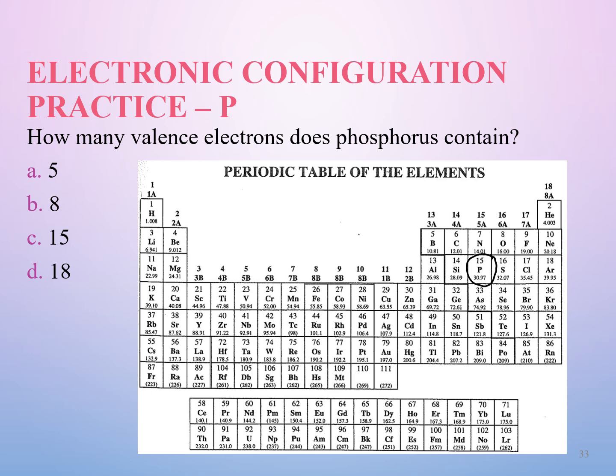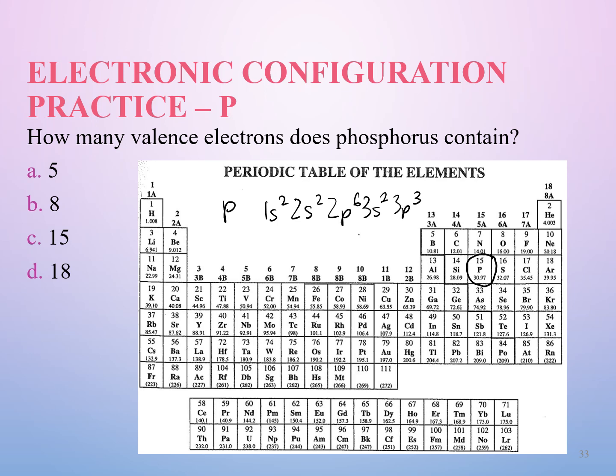So we can count: 1s2, and then we got 2s2. We got everybody in 2p6, 3s2, and 3p3. So the full electron configuration for phosphorus is 1s2, 2s2, 2p6, 3s2, and 3p3.